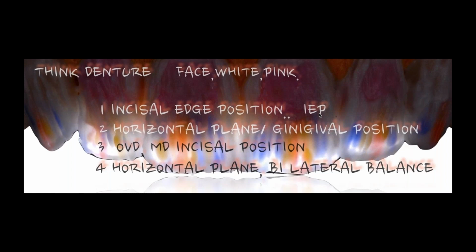Maybe the terminology might evolve over the years, but in truth, whenever I'm balancing that horizontal plane, that occlusal plane, I should say, I'm looking to make sure that I have equal simultaneous contacts, whether it's in a denture, in crown and bridge, or in a single molar, right? I'm looking for that same concept all the time.